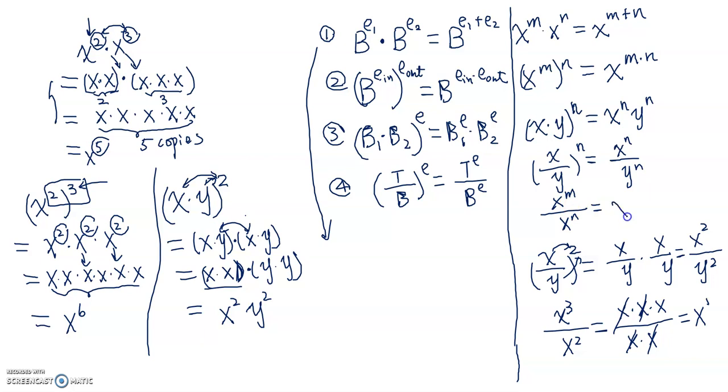We're going to keep the base x, and instead of adding them, we're going to subtract the exponents, and it's always the top exponent minus the bottom. Or I can use the version, say, b raised to e top, divided by b raised to e bottom, which is equal to keeping the base b and taking the top exponent minus the bottom exponent.